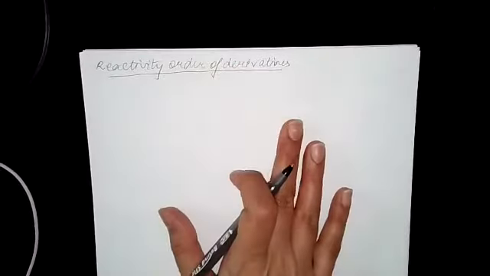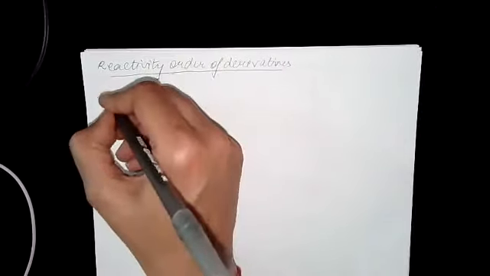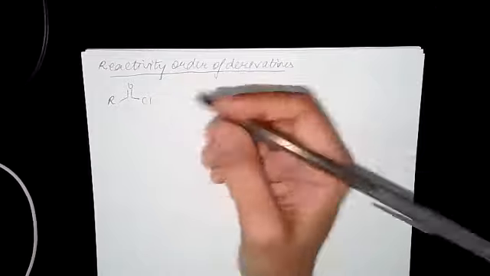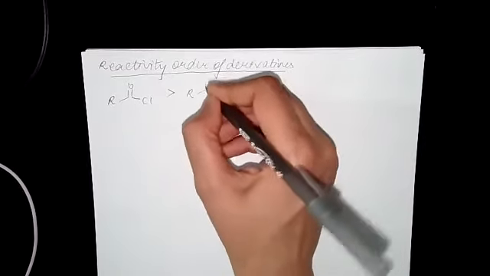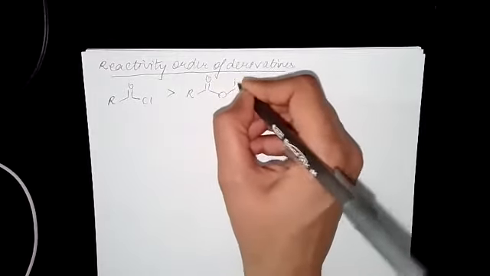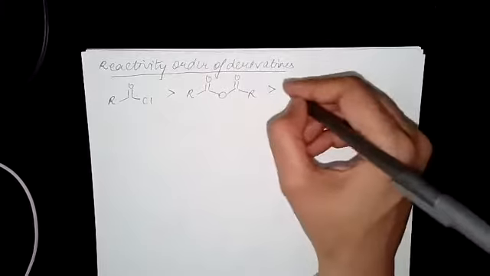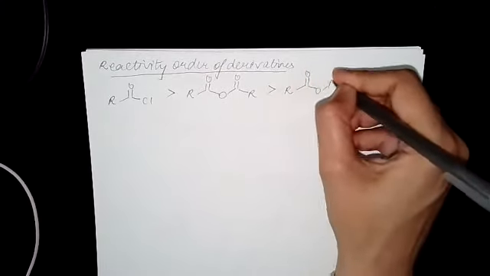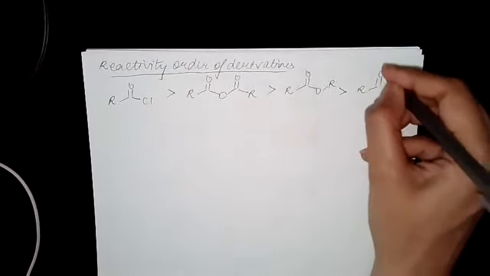So the most reactive derivative of carboxylic acid are your acyl halides, followed by anhydrides, followed by esters, followed by amides.